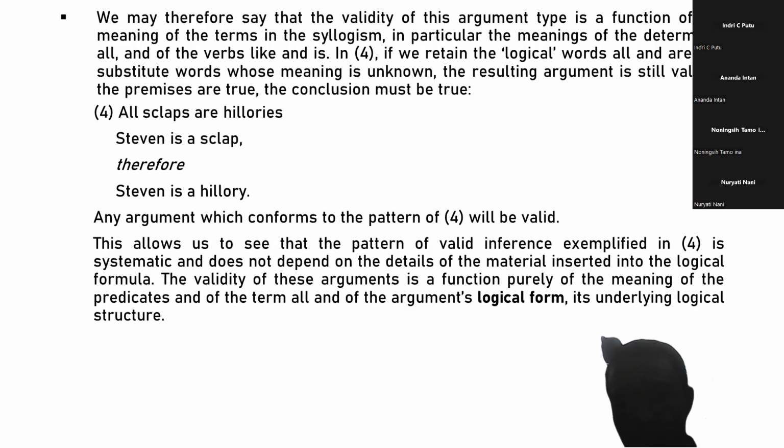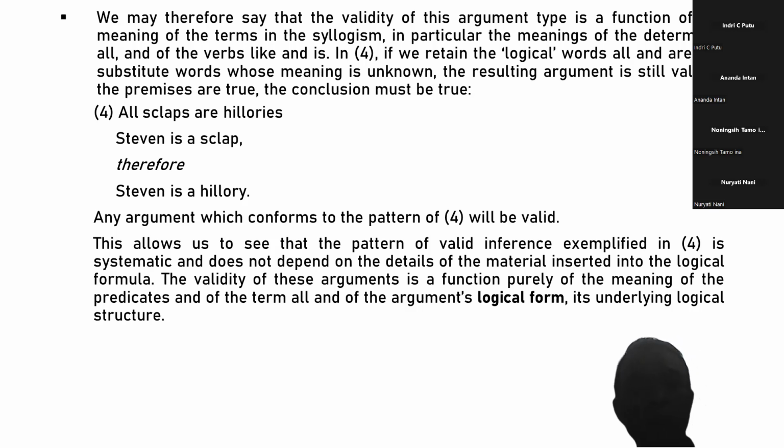So when you are able to arrange a concept about the logical syllogism, the argument is called logical form and its underlying logical structure.